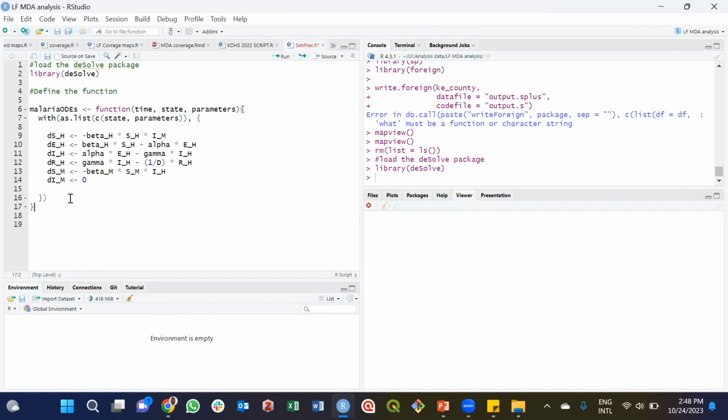But what do we want to get back in return? So here I'll just put a comment that our infected mosquitoes do not transit further. So what do we want to return?